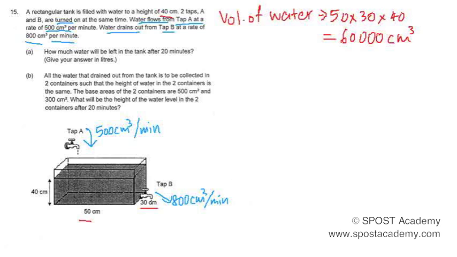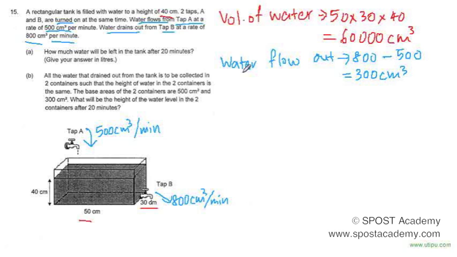That is to say that the water flowing in is lesser than the water that's flowing out. So there's a net water flow out, which is 800 minus 500, which equals 300 cm3 in every 1 minute.